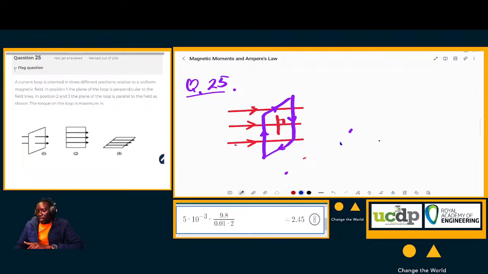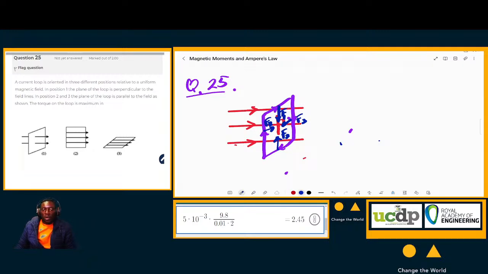So with the field and current most likely into the plane, the force is a downward force. So we have F1 there. Then automatically this is a force upwards, F2. And the same applies for the field and the current going up. That's F3 and F4. So if you look at it, there's no torque there. It's just the forces acting on that conductor in that sense. So the torque can't be maximum in that sense.